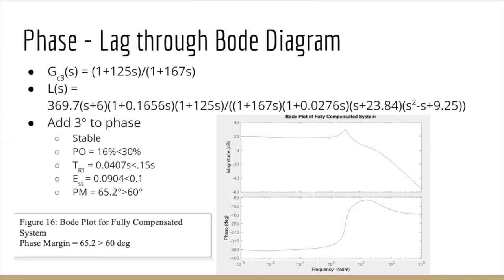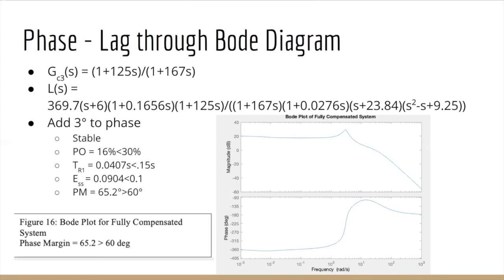Since the closed loop system has maximum sensitivity when it's closest to -1, the Nyquist curves suggest that it is high in sensitivity, since it is very close to the -1,0 point.